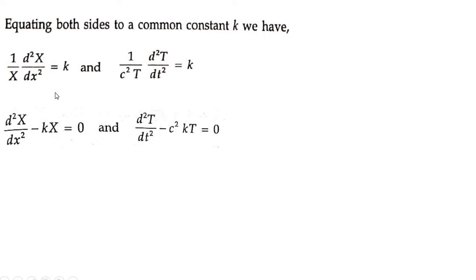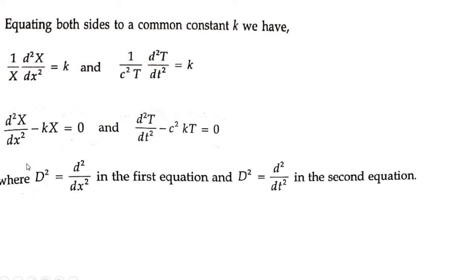Now, this is a differential equation. So, according to differential equation, d square by dx square is also equal to capital D square, and d square by dt square is also equal to capital D square in the second equation. So I'll replace d square by dx square as capital D square here, and I'll take X as a common term.